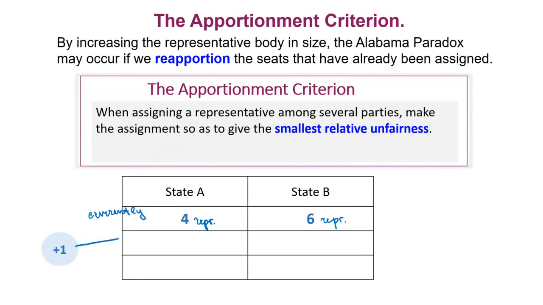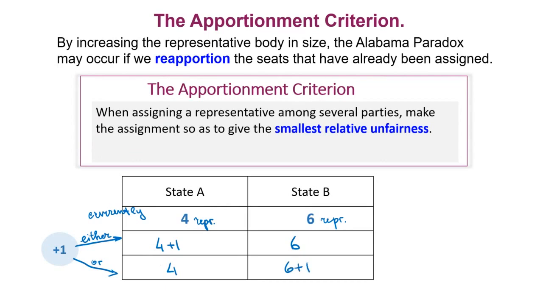And we decide what to choose. Either to give this one to state A or to state B. Either A gets 5 and B has 6, or state A keeps 4 representatives and state B gets an extra.